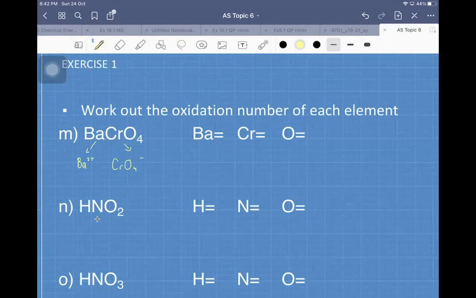Now, I hope you are able to break up ionic compounds into its ions based on the formula that you are given. It is the reverse of doing this. If we want to work out the formula of an ionic compound given the ions, I'm sure all of you have learned this method where you bring the charge down and across.